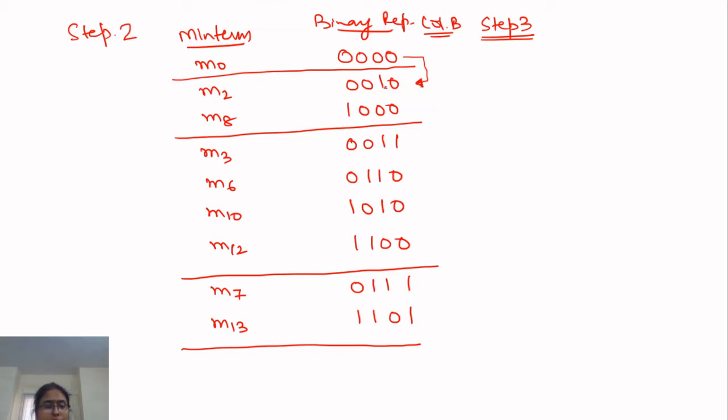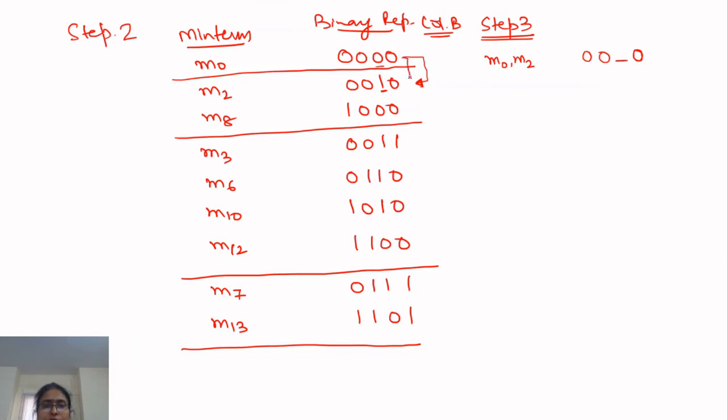Because in M0 and M2 only the third bit is different. So M0, M2 differ in the third bit. Put a dash on that bit on which they differ: 0 0 1 0 and 0 0 0 0, right? So in the third place they differ, so I am putting a dash over there.